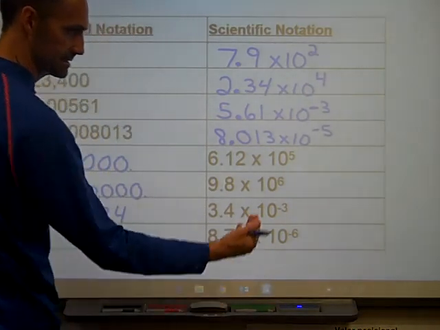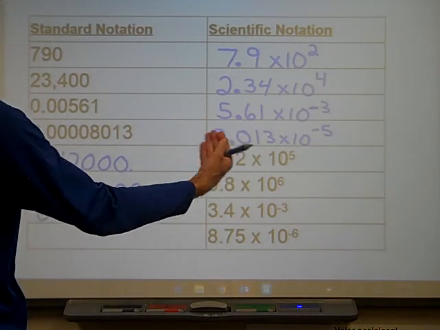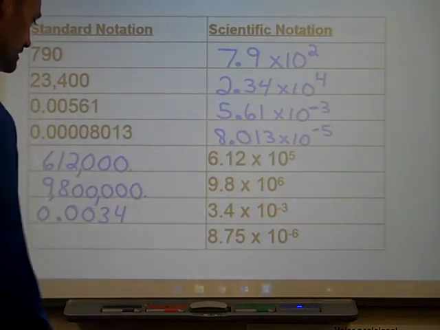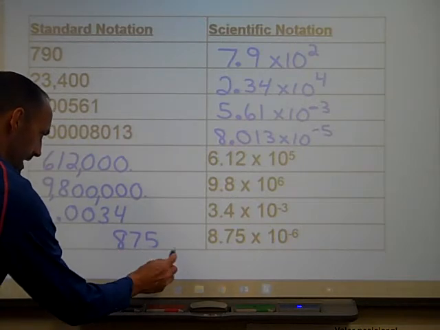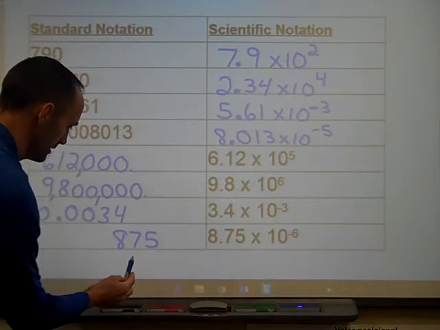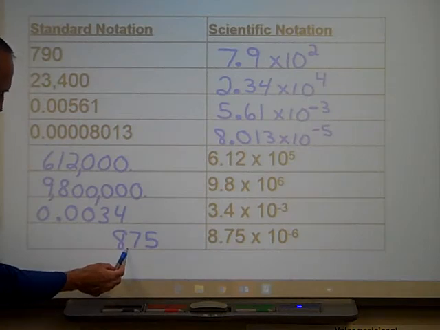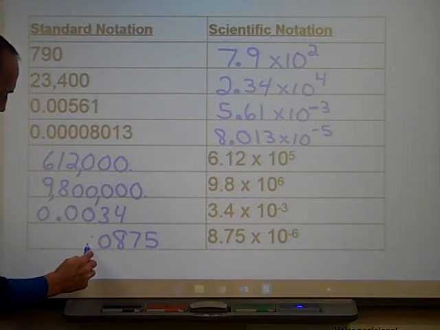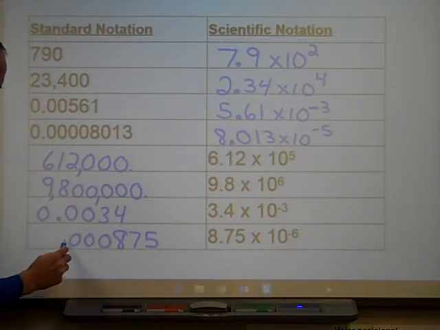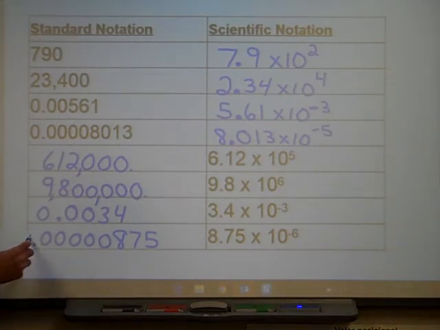And our final example, okay, the decimal's behind that first number that is not a 0. Negative 6. Negative 6 is going to the left 6 places. So I'm going to copy this. Okay, the decimal was here, and now I'm going 6 to the left. So there's 1, 2, 3, 4, 5, 6, and then the decimal, and a 0 out front.